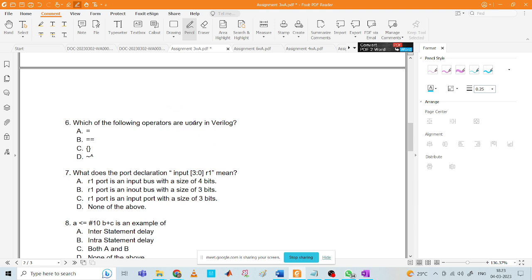Okay. So what is this unary operator in Verilog? Any idea? Option B, sir.